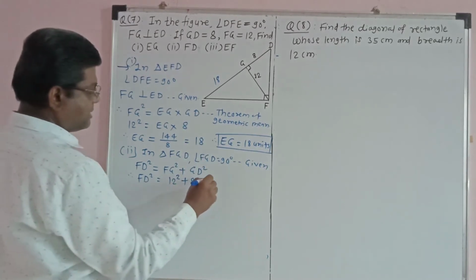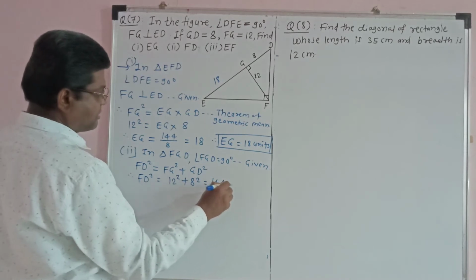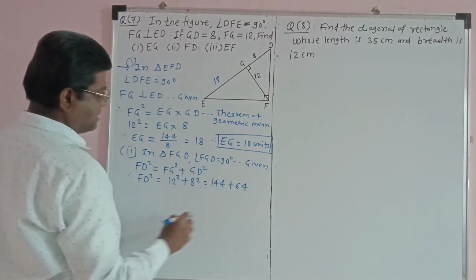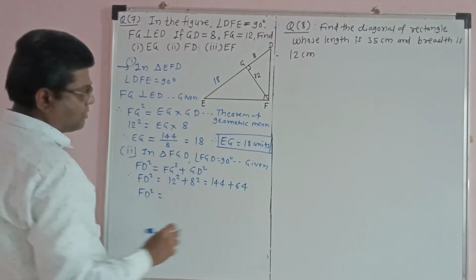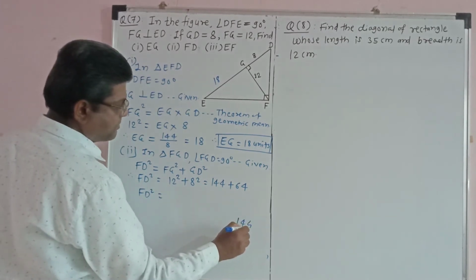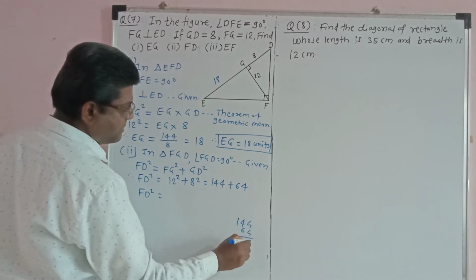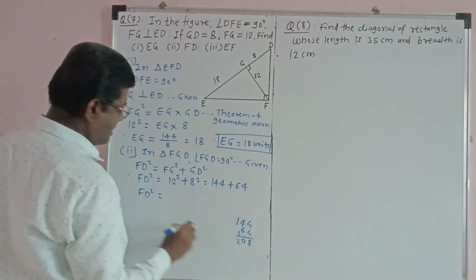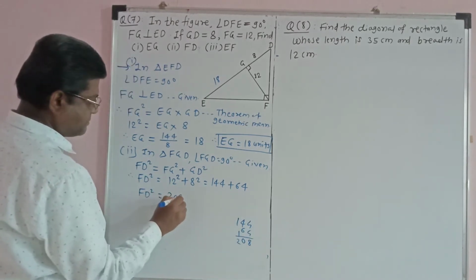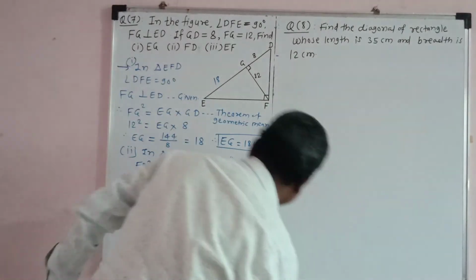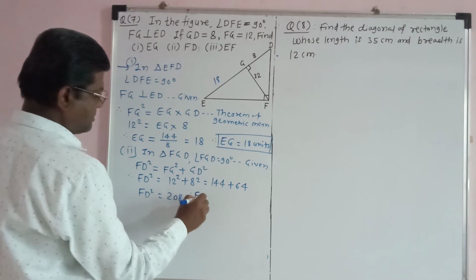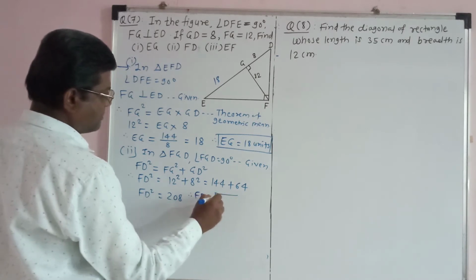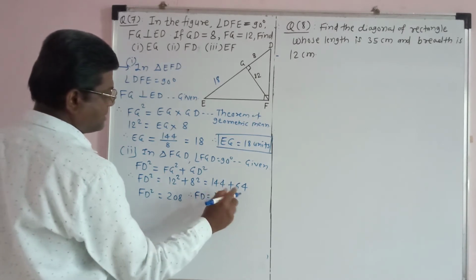So it will be 144 plus 64. So FD square is equal to 144 plus 64, that will be 208. Therefore, FD is equal to square root of 208.